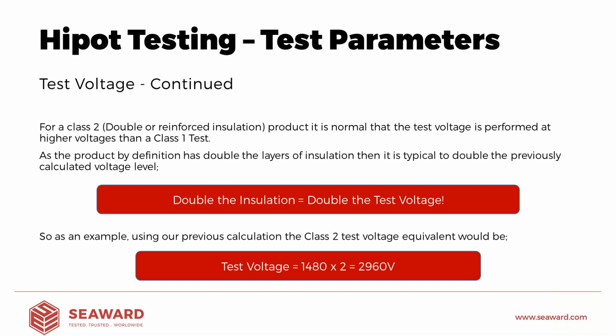If we're testing a class 1 at single layers of insulation at 1,500 volts, and it has to potentially break through 2 layers of insulation to show breakdown, then it makes sense that we double the test voltage. So if we took our previous example, we had a test voltage of 1,480 volts. We multiplied that by 2, we get 2,960 volts. Or, as close as it is in most standards, we would do the test at 3,000 volts.